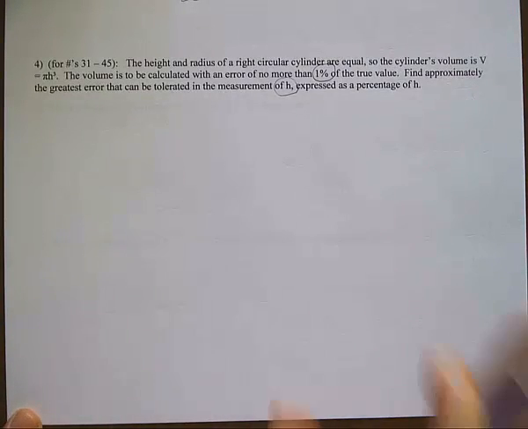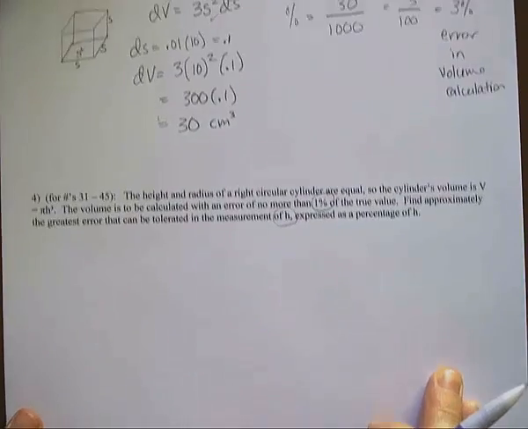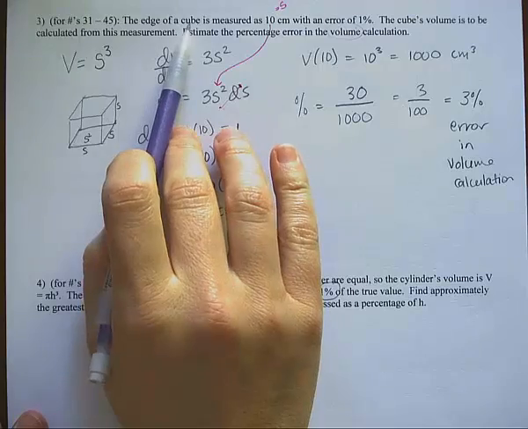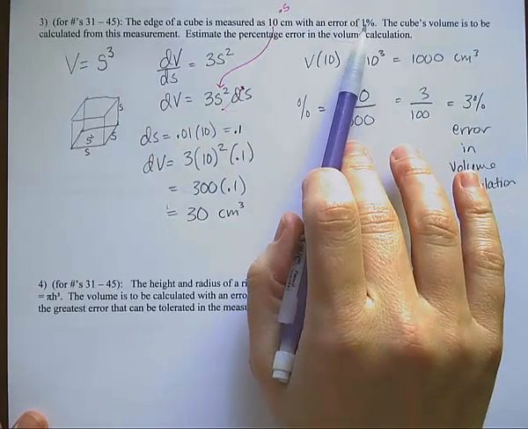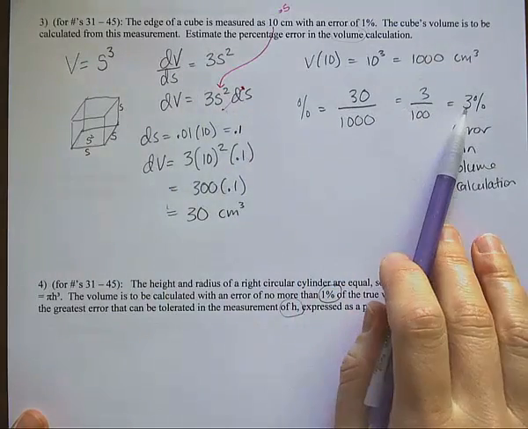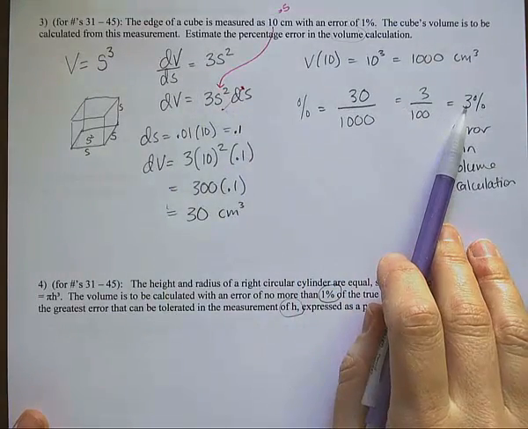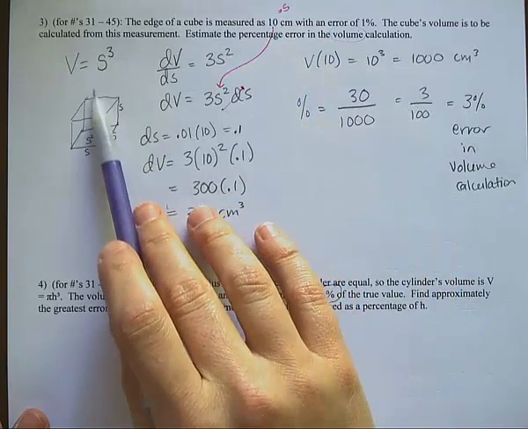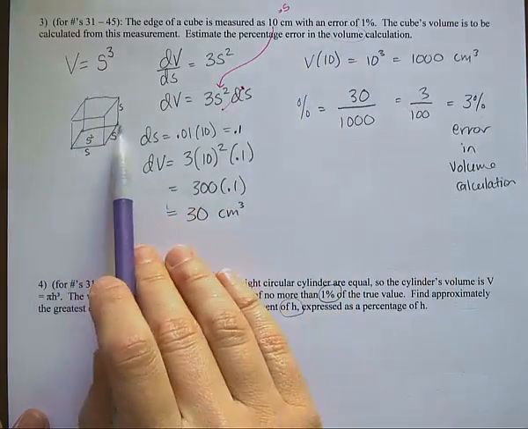I'm just going to take a guess, because if you notice before, when our side of the cube was allowed to have an error of 1, my volume then had an error of 3, which is interesting to me because the side has 1 dimension and the volume has 3 dimensions. 1, 2, 3.